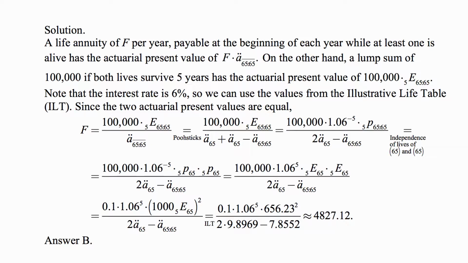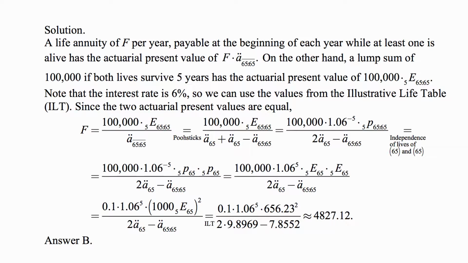So we write out the pure endowment in the numerator as 1.06 to the negative 5 times the probability of survival of the joint life status for 5 years. And at the bottom we have 2ä 65 minus ä 65:65. Now the important thing to note is that these two annuities, the values are given in the table. So we can look them up and plug it in eventually and everything will be nice. But the probability, well, it's not directly given.